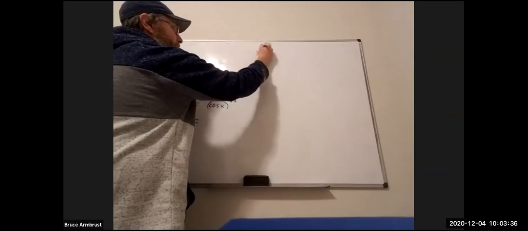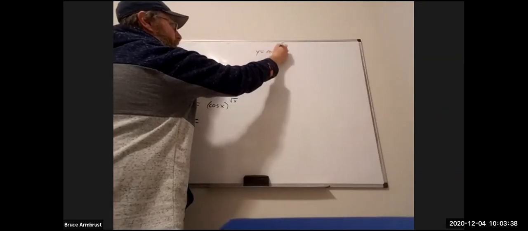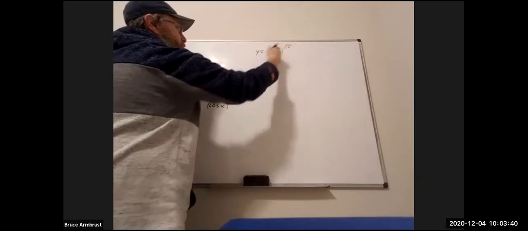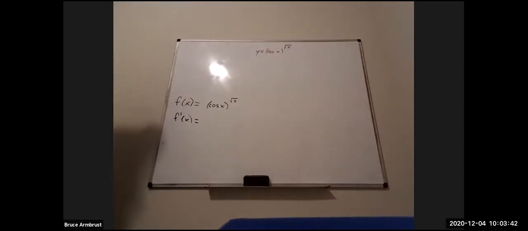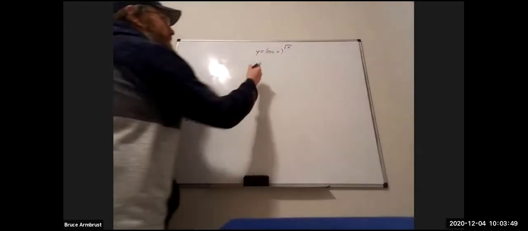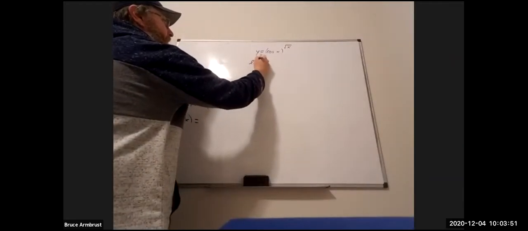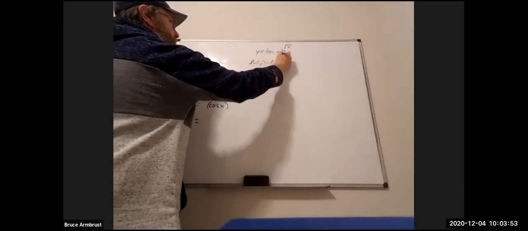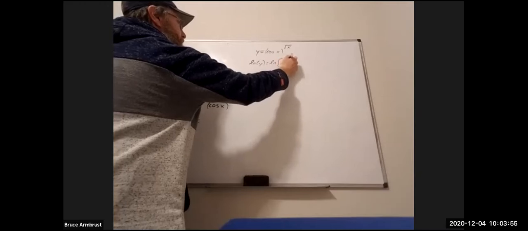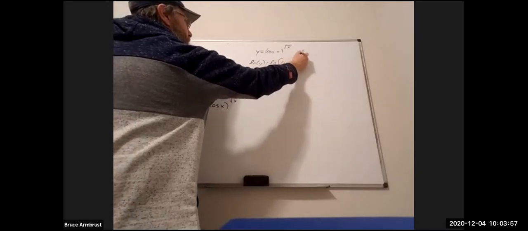So I'm going to rewrite this real quick as y equals cosine of x to the square root of x, and I'm going to take a natural log of both sides. So I get the natural log of y is equal to the natural log of cosine of x to the square root of x.